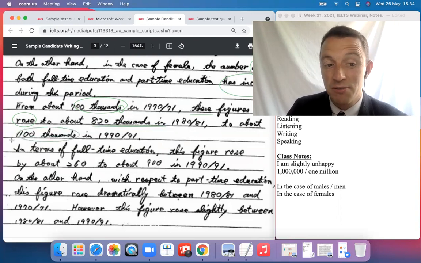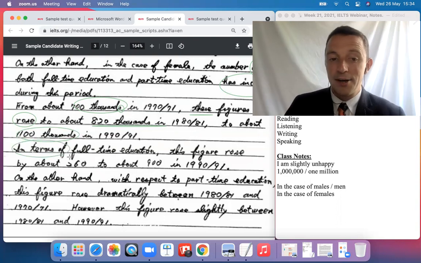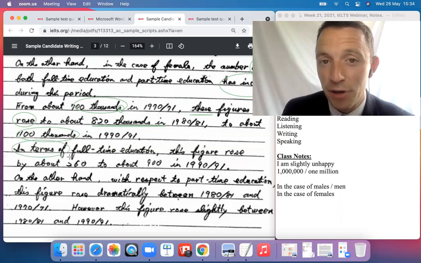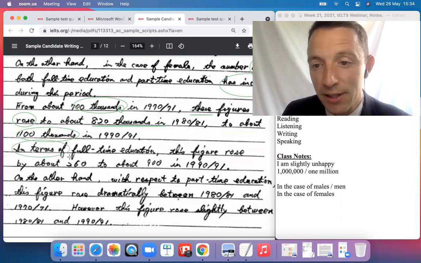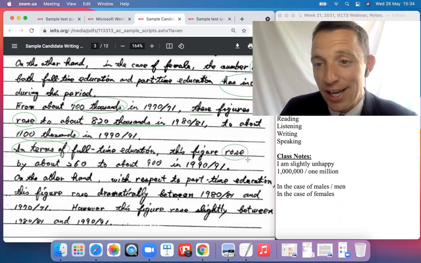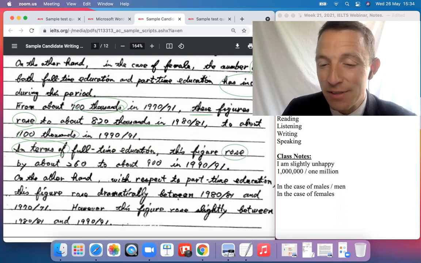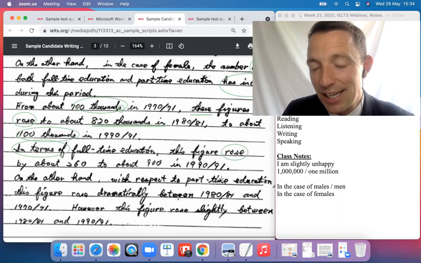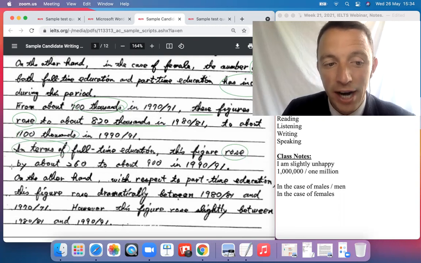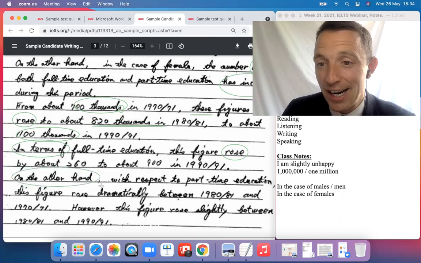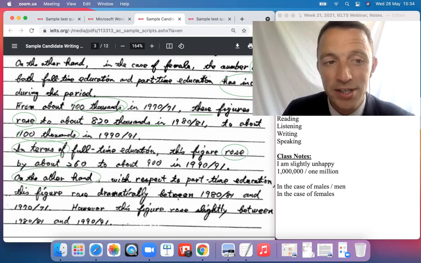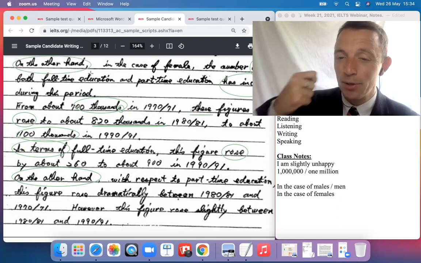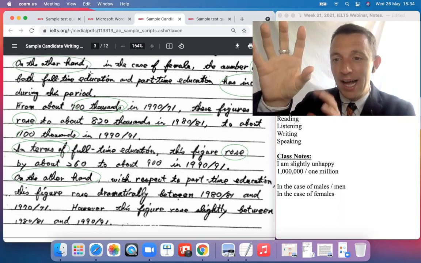In terms of, this is very good vocabulary, it's a good linker, and it's quite fluent, so it's really nice. Full-time education, this figure rose, so probably repetition again. So we need to think of synonyms for sure. On the other hand, so this is clear, it's repetition again, because here we had on the other hand, and that's a mistake because the typical structure is on the one hand and then on the other hand.